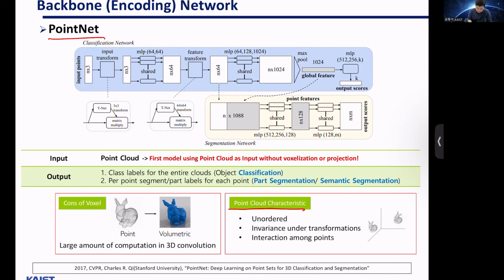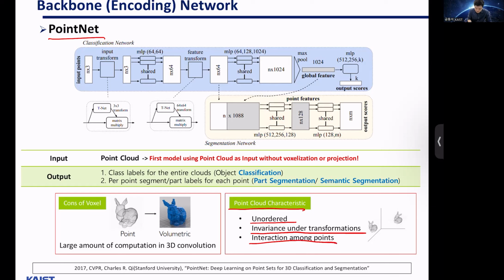Point cloud characteristics are listed here. The point cloud is unordered, and invariant under transformations, meaning that when you rotate or translate, the point cloud does not change its shape.